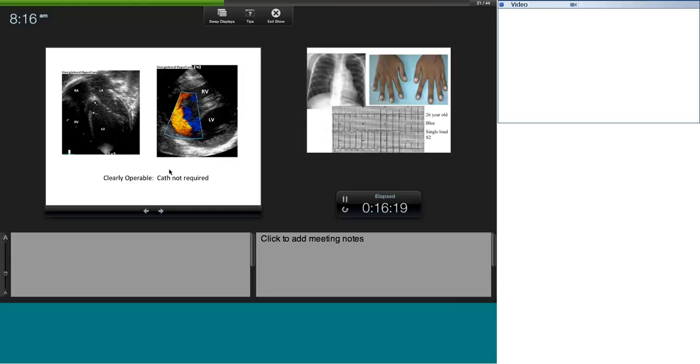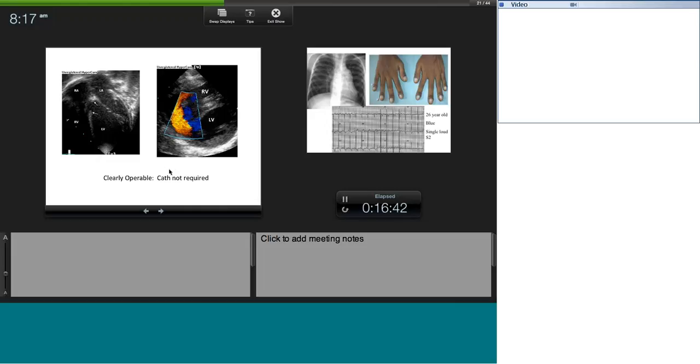There is no hesitation here. But to the fellows who are sitting here, it's very obvious, but there used to be extensive debate. There are still institutions where surgeons insist on catheterizing these babies to be sure if they're operable or not. It's a complete waste of time. You are pretty sure in this situation when you have enough evidence of a large basal resting shunt.